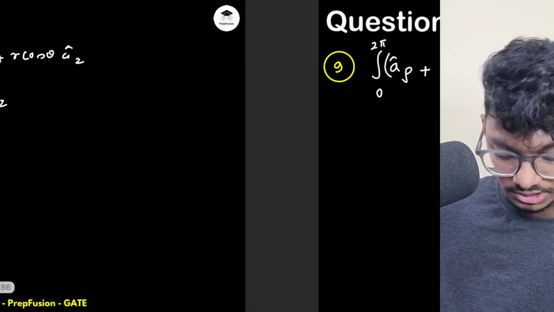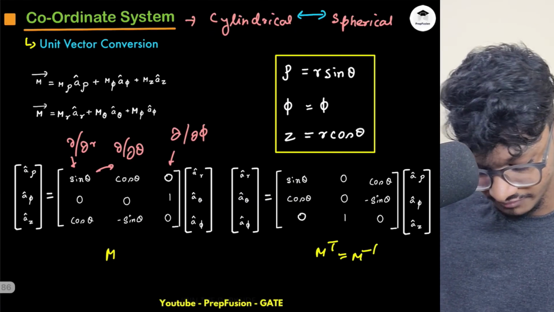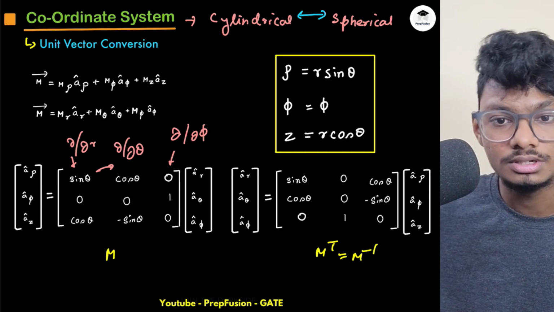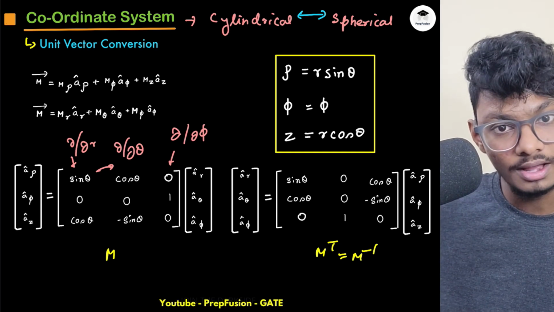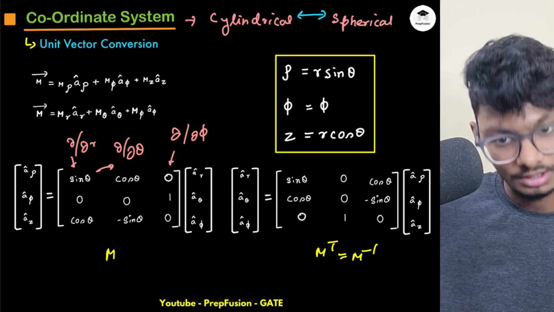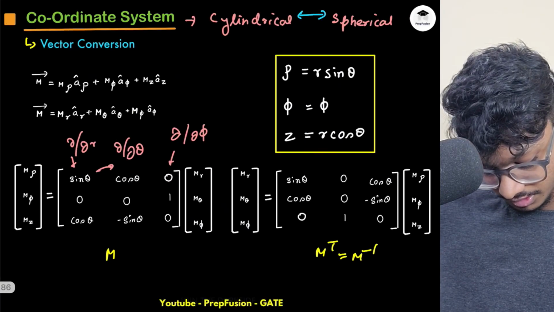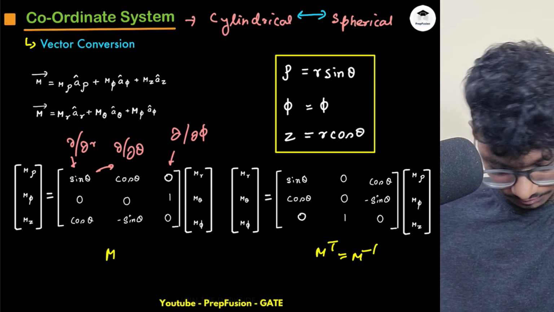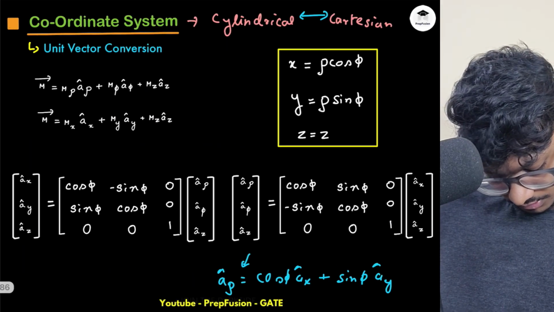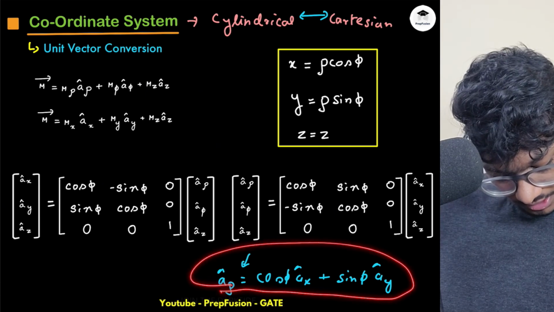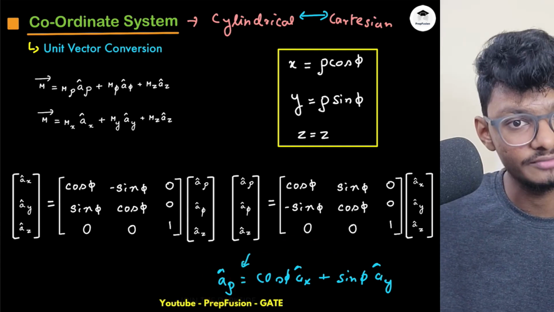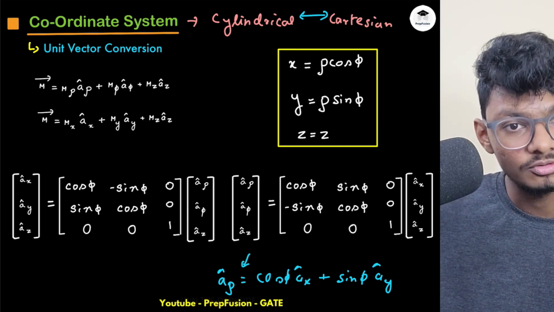Why will this not be my answer? Because I have just derived in the unit vector conversion itself that my rho and z actually depend on the angles in the xyz. So here if you observe correctly, my a_rho actually is a function of phi, so you have to take care of that.